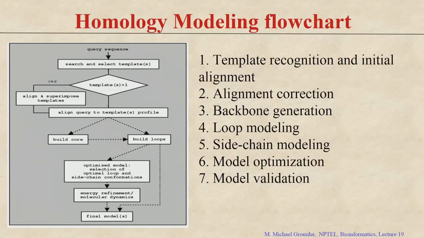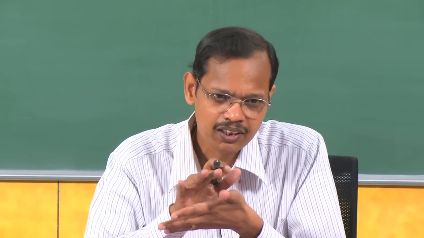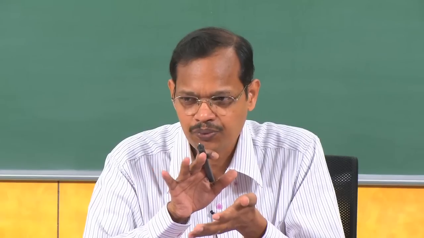How to make the alignment? Right, you can do the initial sequence alignment using BLAST, right, and if you look into the alignments, you check any specific residues which are conserved or any residues which have important functions. These residues should be properly aligned, right.